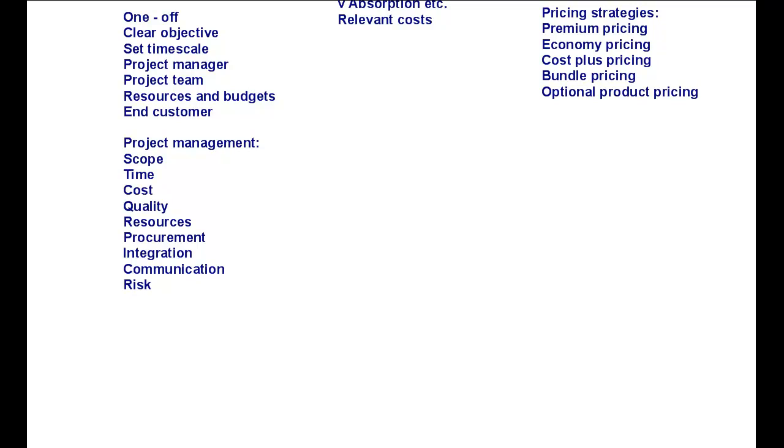Which again feeds into quality, which is the next step here, which is all about what level of quality the project needs to be completed to. Does the project need to have a completely 100% perfect product or service at the end of it, or can it be done to a lesser quality?